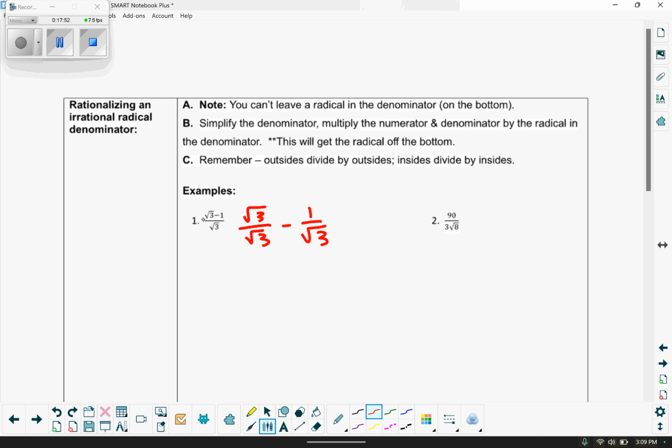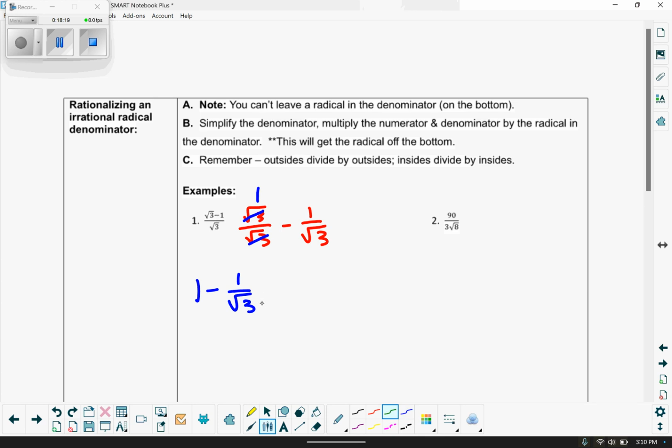So what this really means is radical 3 over radical 3 minus 1 over radical 3. We talked about how you split those up because it's a common denominator. Now radical 3 divided by radical 3, hopefully anything divided by itself is 1. But now I have 1 minus 1 over radical 3. So I have to take care of this piece right here. The other one's already rationalized. This is like 1 over 1. That's fine. I'm going to get rid of this radical by multiplying by radical 3.